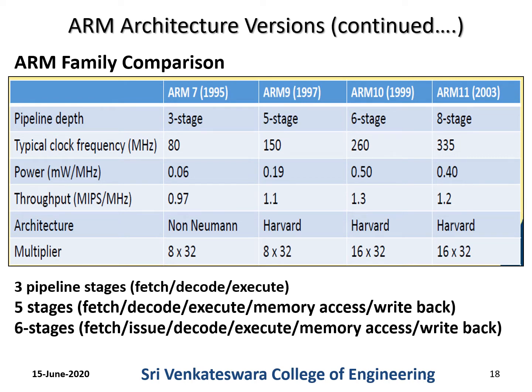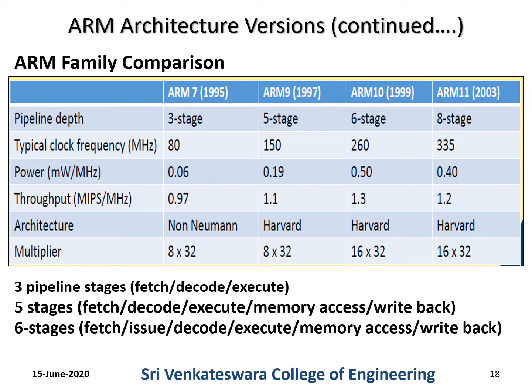If we see the pipeline depth, ARM 7 has 3 stages, then 5 stages, 6 stages and 8 stages up to ARM 11. The clock frequency in megahertz also drastically increases from ARM 7 to ARM 11, which gives an idea of how fast the processors are able to do their computations.